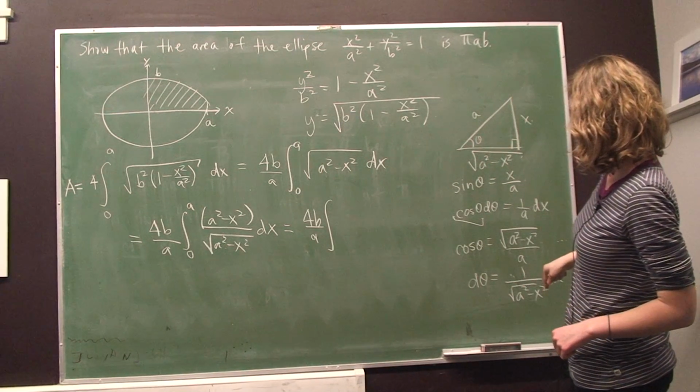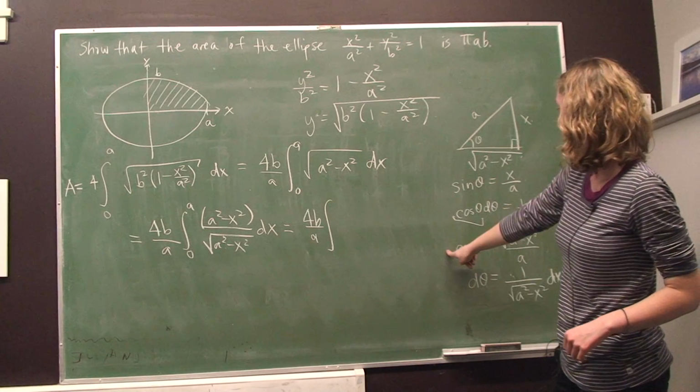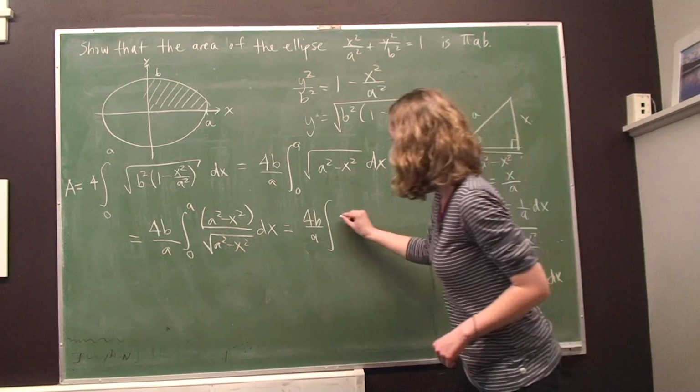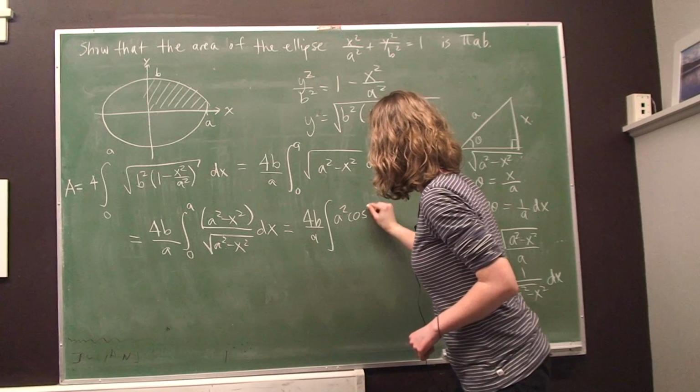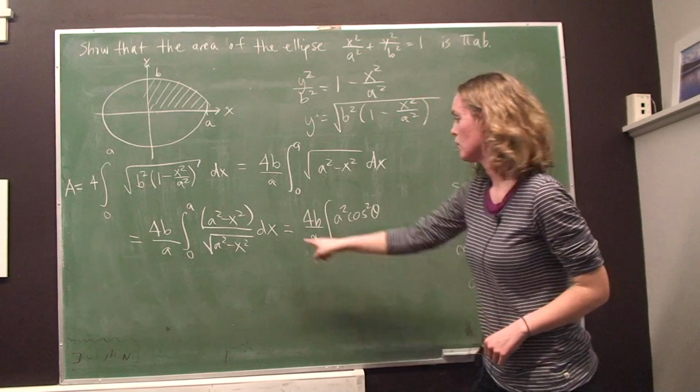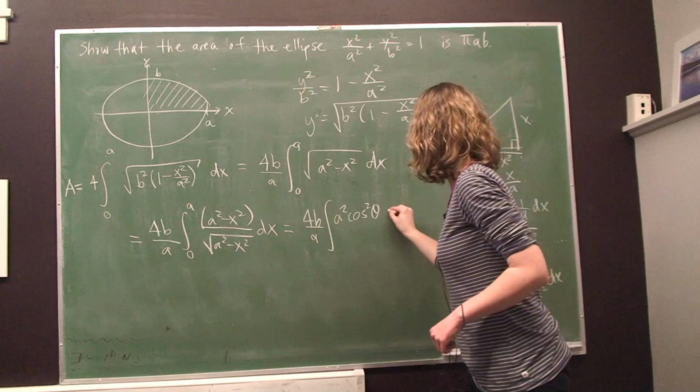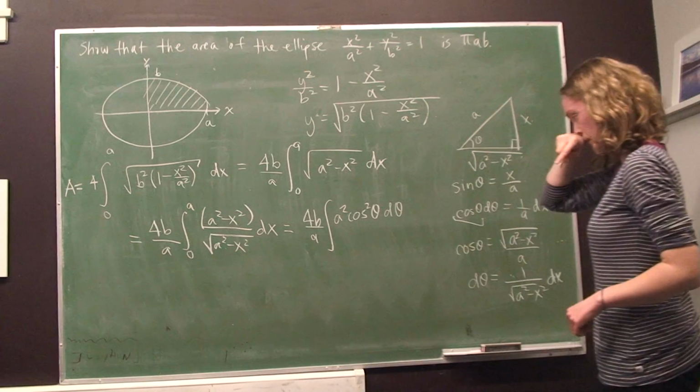So a squared minus x squared, that'll be a squared cos squared theta. And then dx over the square root of a squared minus x squared is just d theta.